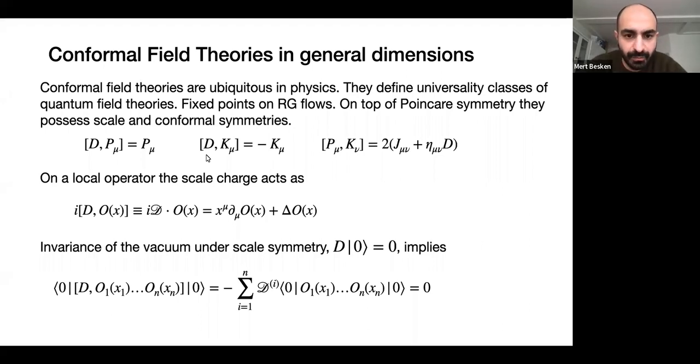That's also a symmetry in the theories that we'll focus on. And this basically lowers the scale dimension by 1 because of this minus sign here. And in the commutator of the momenta and special conformal generators, you have the usual Lorentz generators, and also the scale charge appears here.